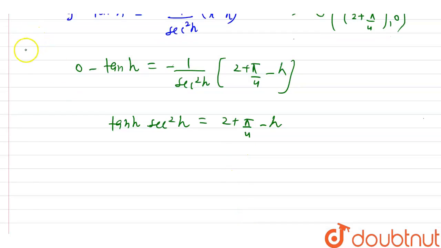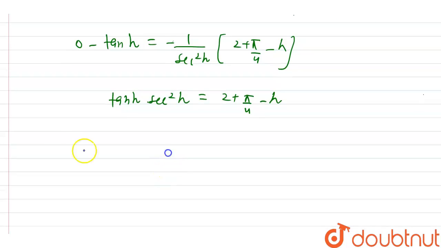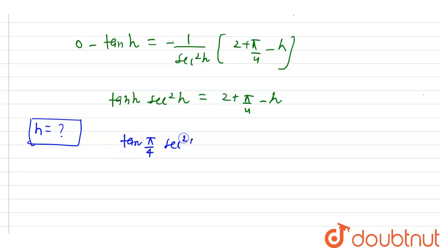Now I'm going to check by hit and trial method which h will satisfy this. I'm assuming h is equal to pi by 4, so it will be tan pi by 4 sec square pi by 4 equals 2 plus pi by 4 minus pi by 4. I'm assuming randomly.